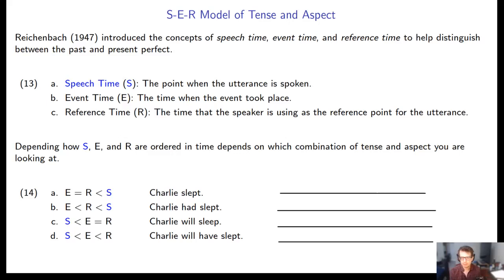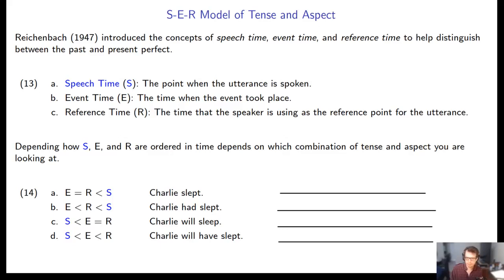With present, past, and future, there's a time where you speak, and a time where the event takes place. Usually the speaking time is now, and the event takes place in the future or the past. That gives you tense.